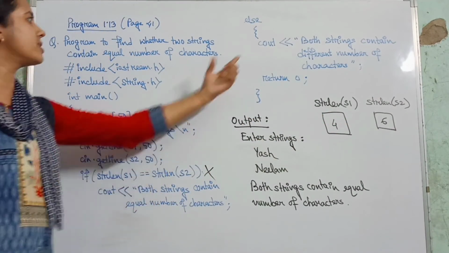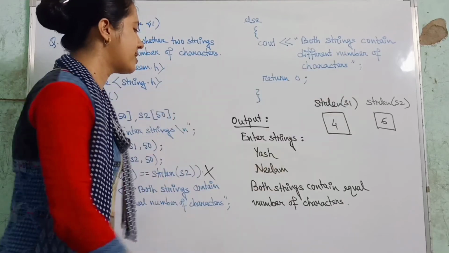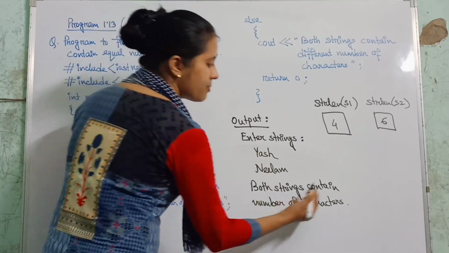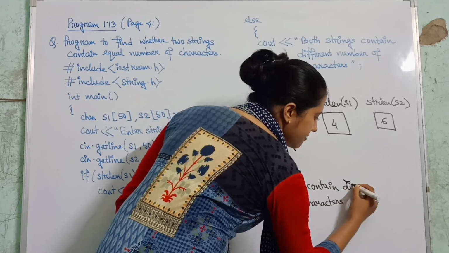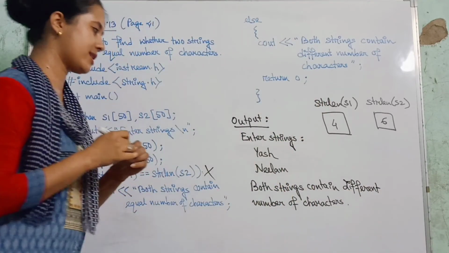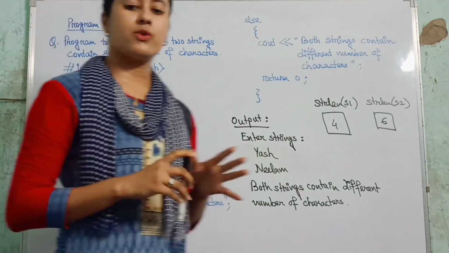So it will not execute that statement. It will go to the else part and display "Both strings contain different number of characters". So I think this is clear to you all.